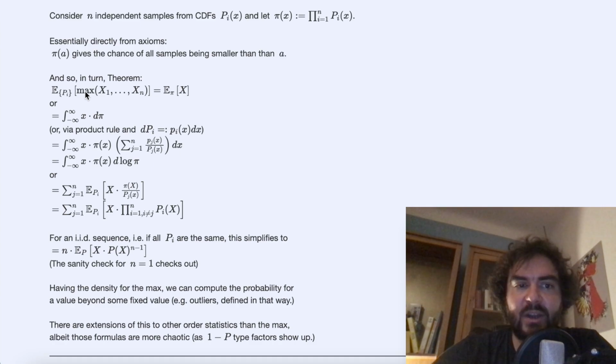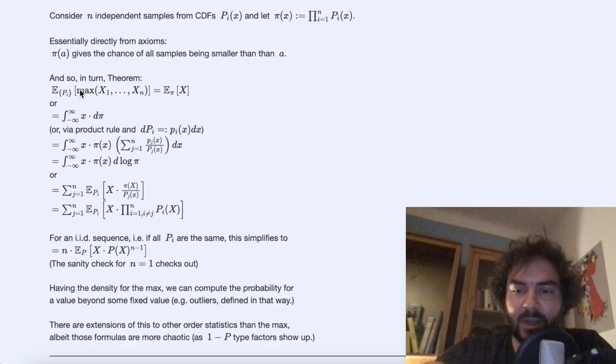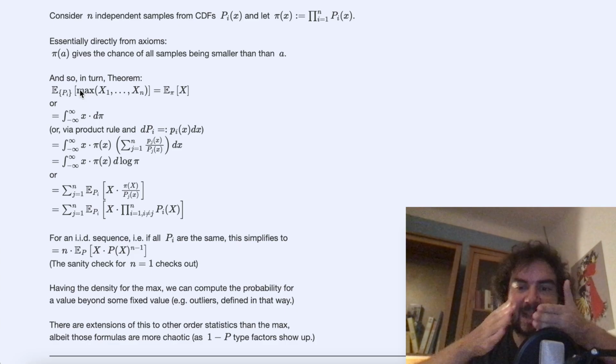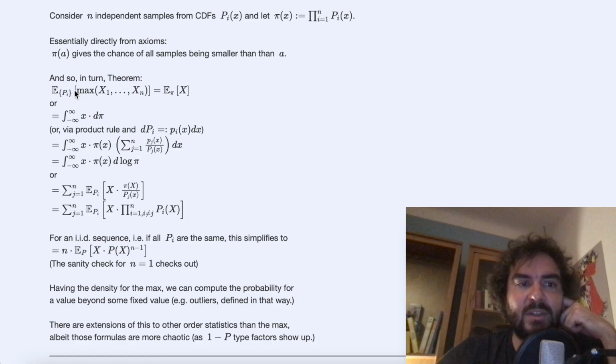the maximum function applied to this vector, right? So I consider x1 to xn to be a vector of length n, where each component is sampled from your probability distribution. The maximum, by arguing a little bit with the integral, the small slice distribution times dx, you can argue that the expectation of that has to be given by the expectation value with respect to the distribution that I just described.